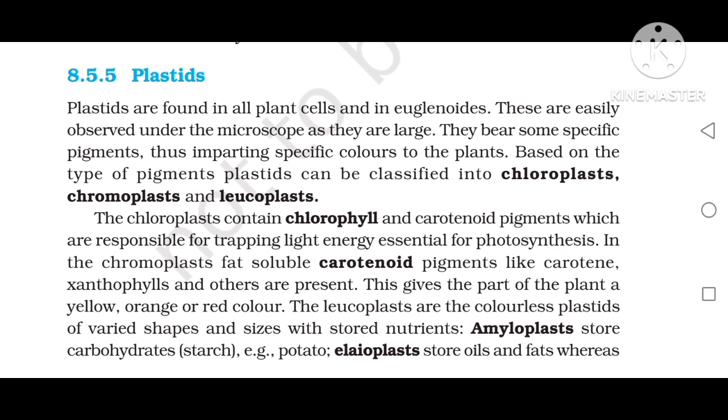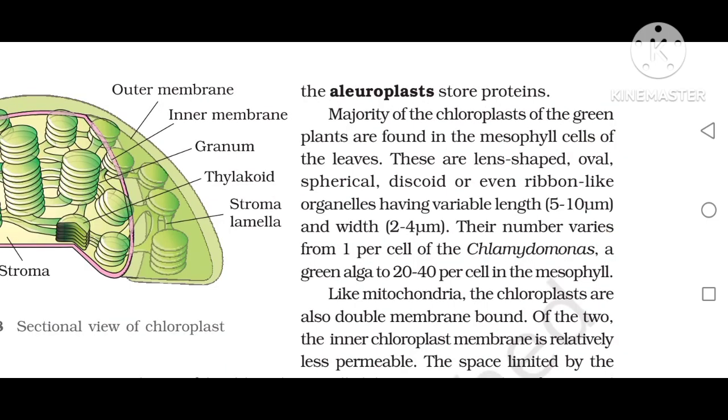The leucoplasts are colorless plastids of varied shape and size, with stored nutrients. Amyloplasts store carbohydrates, starch, for example potato. Elaioplasts store oils and fats, whereas the aleuroplasts store protein.